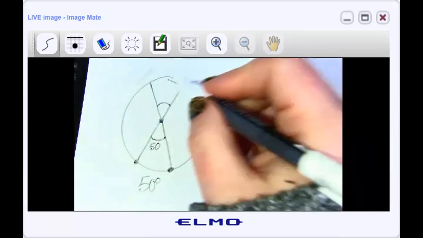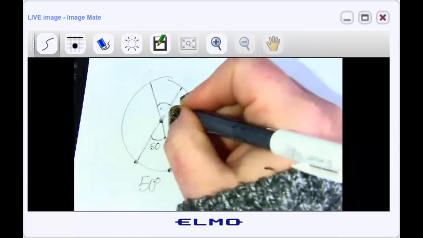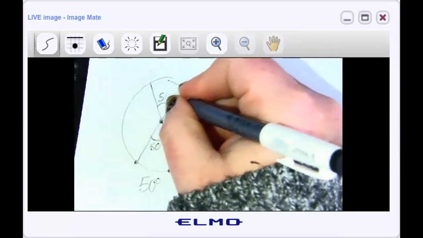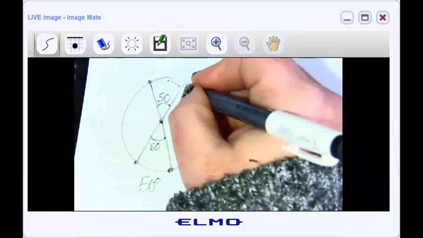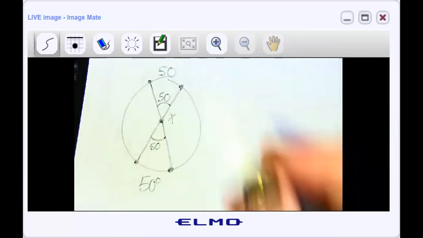Anytime you have two lines that cross like this and they're straight lines, you get that pair of vertical angles. So this is also 50. So then this arc right here would be 50. Which also means, can anybody tell me what the measure of that is?